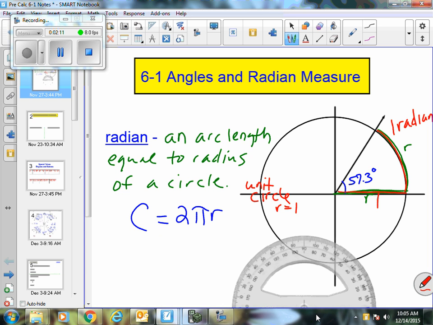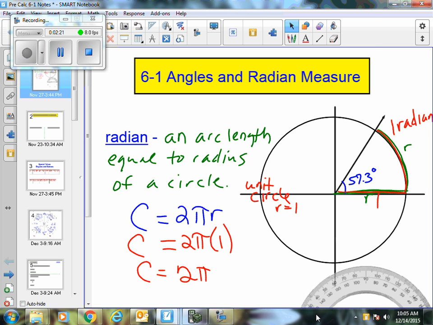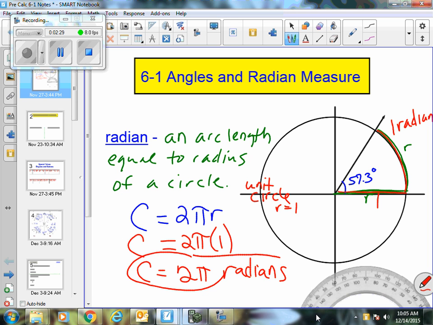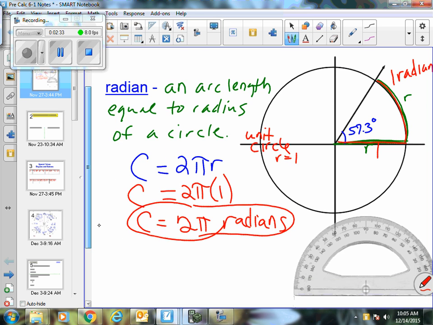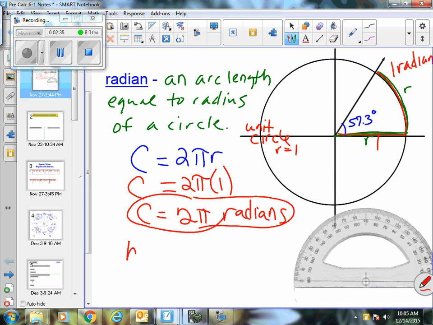So when we plug that into our formula for the whole circle then, if I wanted to figure out what all the way around would be, plug in 1 for my radius, that means my circumference would be 2 pi, and then the units I would use would be radians. So 2 pi is the equivalent to all the way around the circle. So 2 pi radians. So what would that mean for halfway around the circle then? If I just did half of the circle, that would be half of 2 pi, or just pi radians.